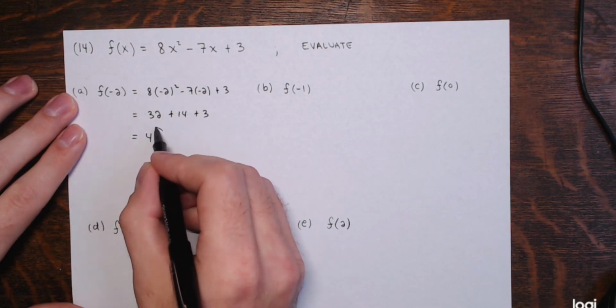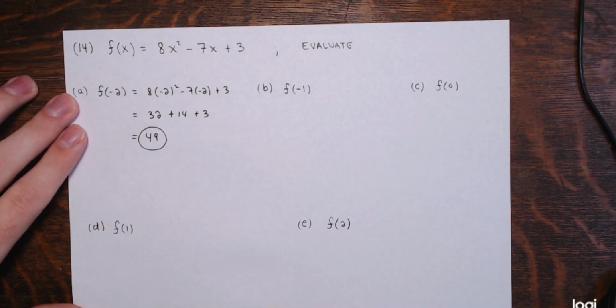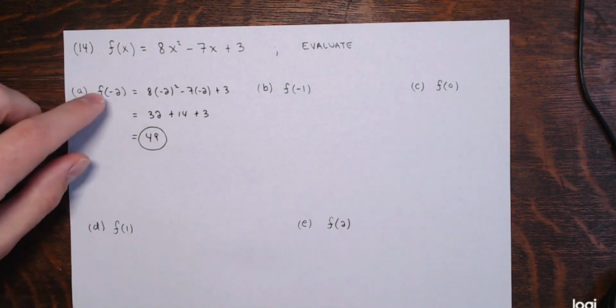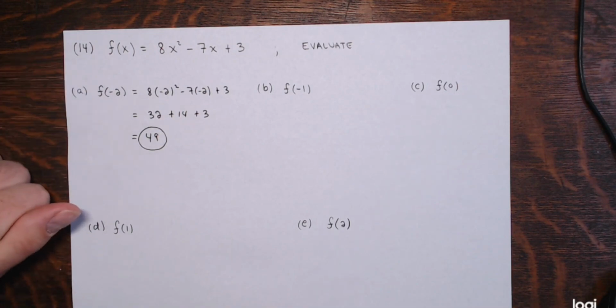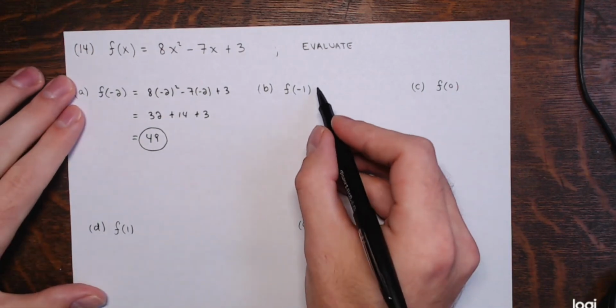Let's stop circling in different colors, just circle it in black. Right? So input negative 2, output 49. And again, you can double check that by checking a graph or whatever. But you should be verifying your answers in some way. F of negative 1, input negative 1.